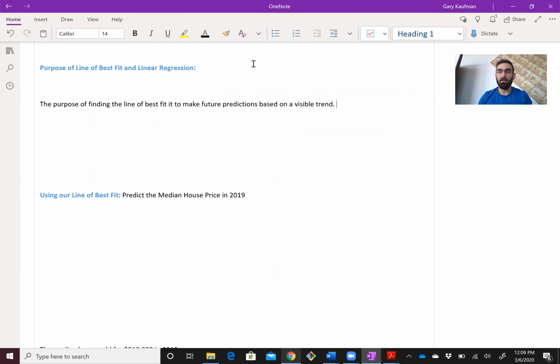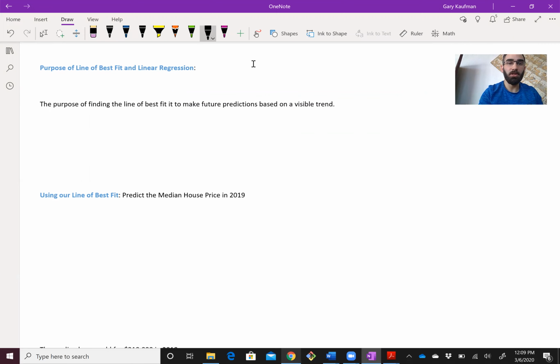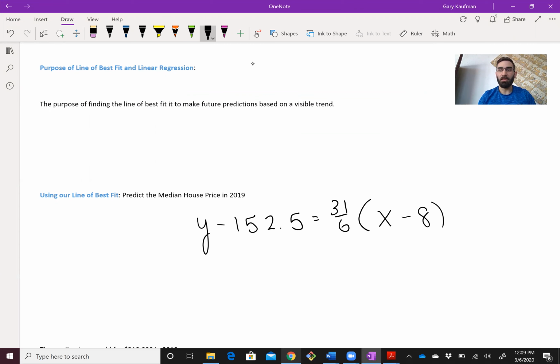We have a trend and we want to make predictions. And so we're going to do just that. So our equation that we just had, y minus 152.5 equals 31.6, all multiplied by x minus 8. Well, let's figure out the median price in 2019.